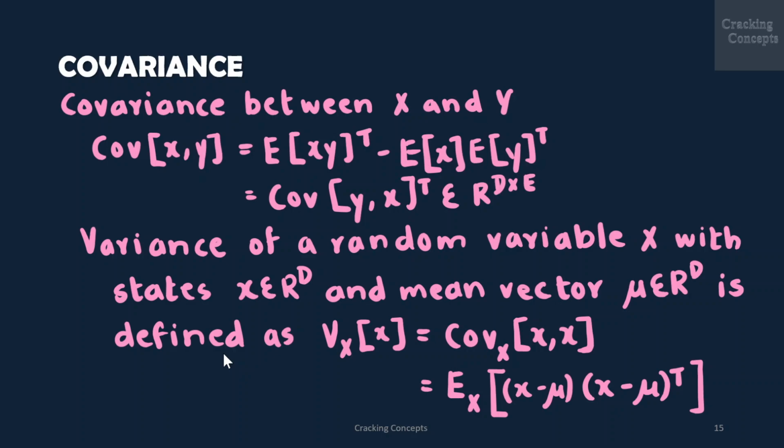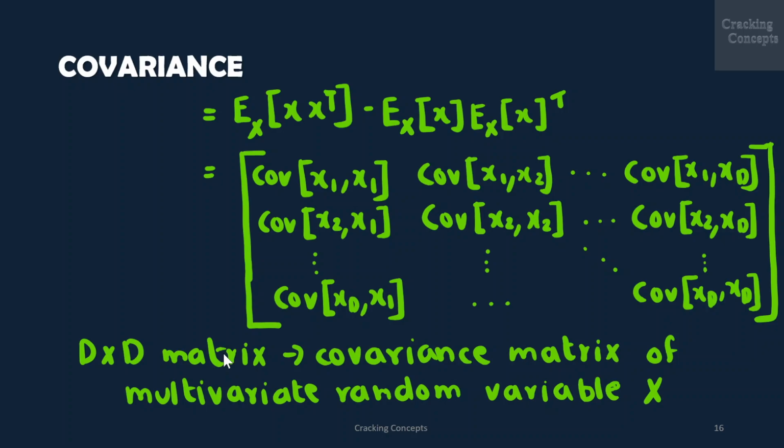Now the variance of a random variable x with states x belonging to d-dimension space and a mean vector mu belonging to the same space is defined as variance of x written as covariance of x, x, written as expectation of (x minus mu) into (x minus mu) transpose, which is expanded as expectation of x x transpose minus expectation of x into expectation of x transpose, which gives us this matrix beginning from covariance of x1, x1 to covariance of xd, xd.